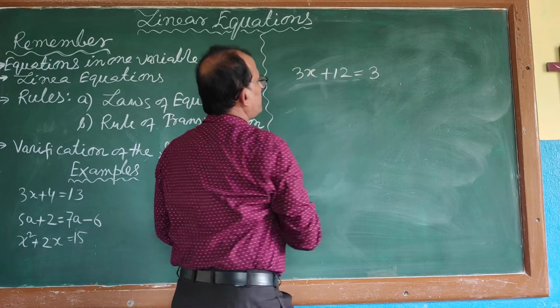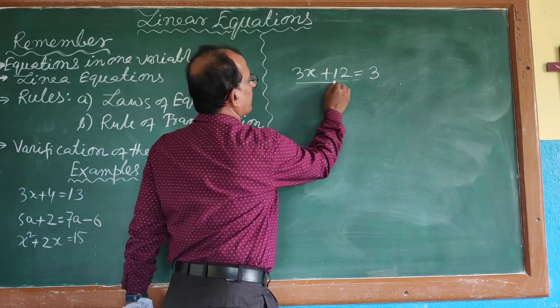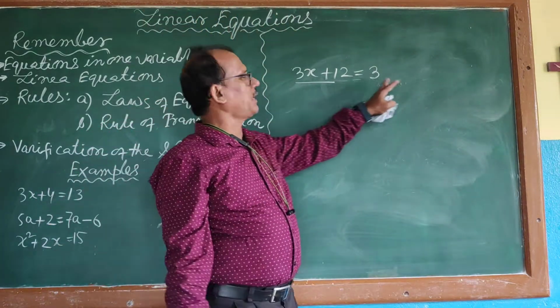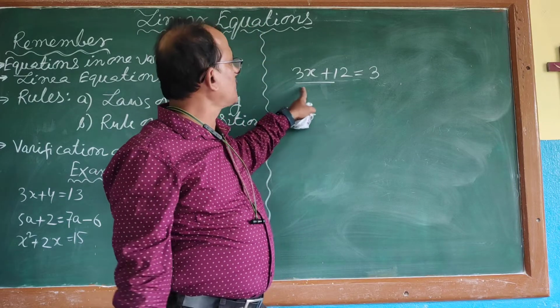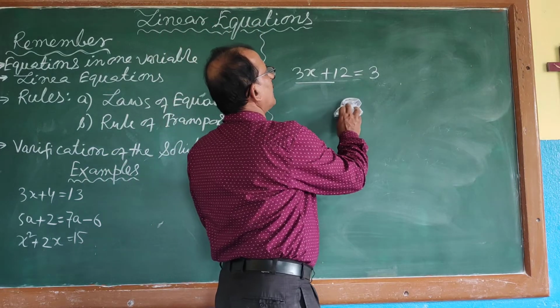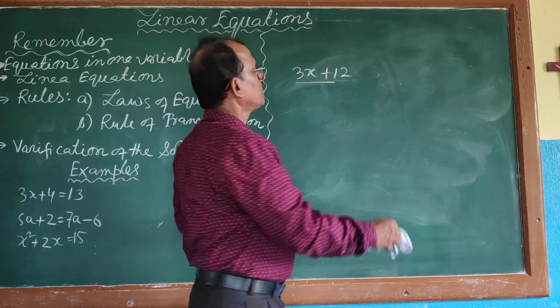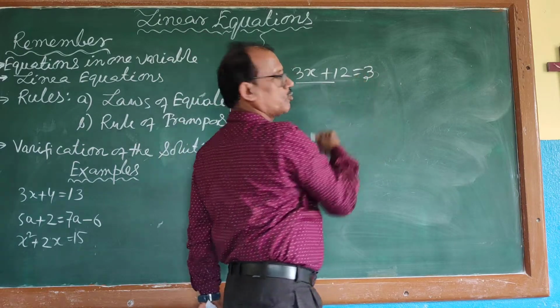It will have two sides, left hand side and right hand side. The left hand side may be an algebraic expression, and the right hand side may be an algebraic expression or a constant value. So these are algebraic expressions, whereas this one is an algebraic equation.